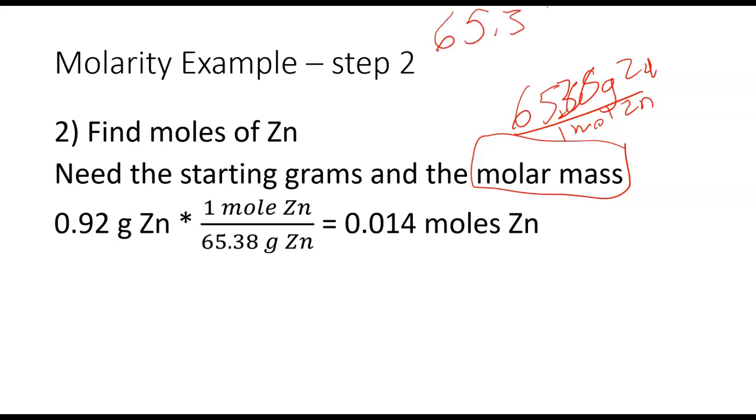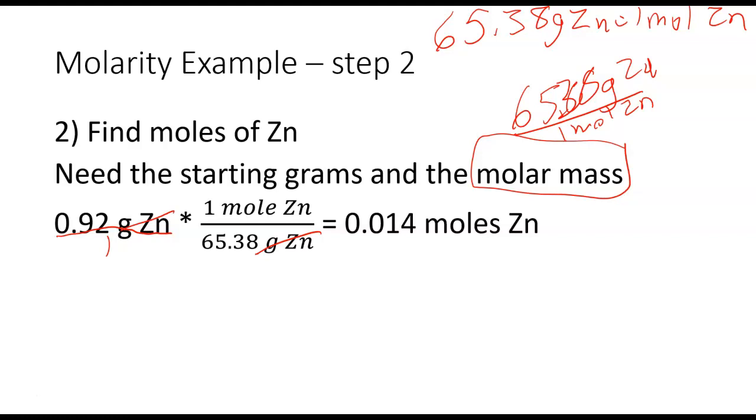The 65.38 grams of zinc equals 1 mole of zinc. Okay? So we're using that to create our conversion factor. I'm going to put this over 1 so that we can clearly see that the grams of zinc are canceling. And we get about 0.014 moles of zinc. So that's our first step here.